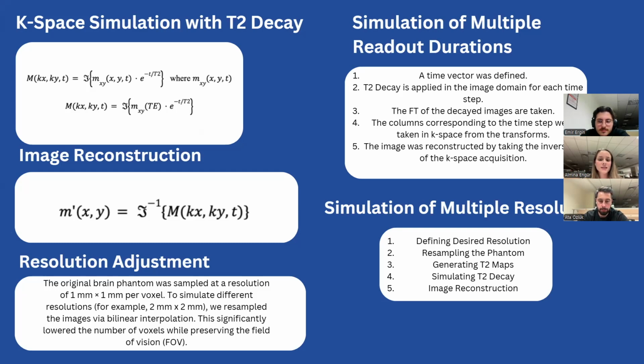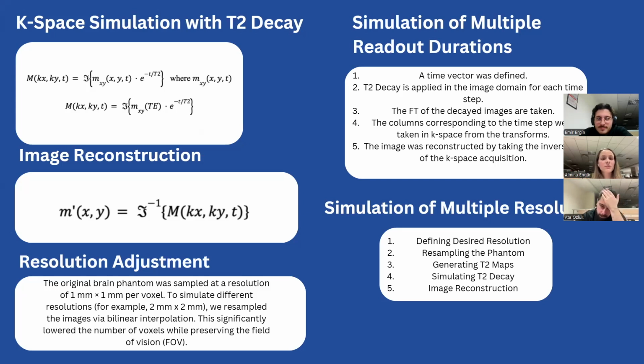Here, t represents the elapsed time during the k-space acquisition, and M is the k-space representation of the transverse magnetization, and the exponential term implements the effect of T2 during the k-space acquisition. For the image reconstruction, the image is reconstructed with the inverse Fourier transform.